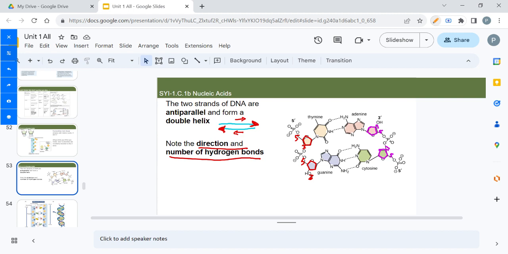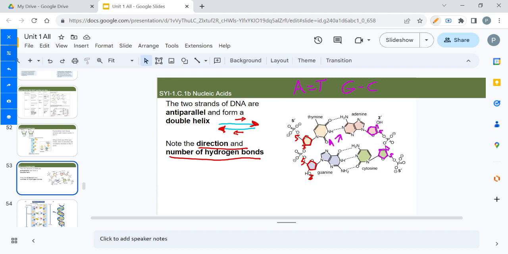Now, this is how DNA needs to be done. The reasoning behind this has to do with these guys right here, specifically the hydrogen bonds, right? So the base pair rule, Chargaff's rule, is A pairs with T, right? And then G's will pair up with C's.